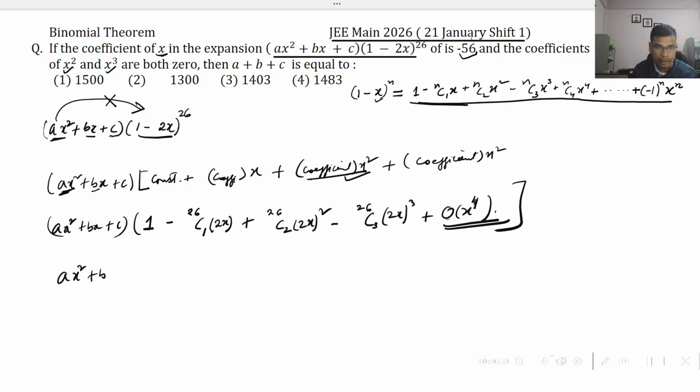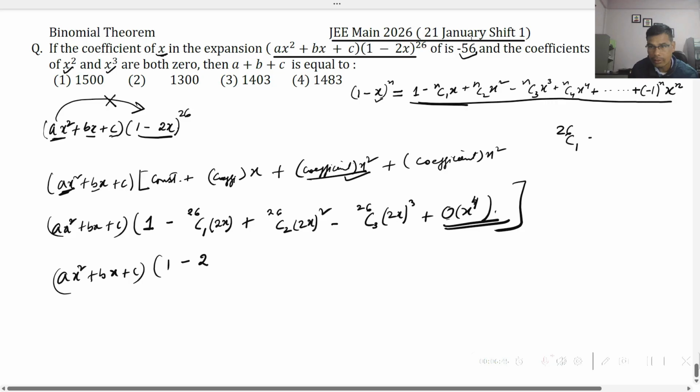So (ax² + bx + c), and the constant term is 1, then minus 2 times 26C1. Using the definition of combination, this is 26 factorial divided by 25 factorial into 1 factorial, which simplifies to 26, so that is 26x. Plus 26C2: we use the same definition, so directly I'll write the shortcut. 26C2 is 26 into 25 divided by 2 factorial, which is 2.